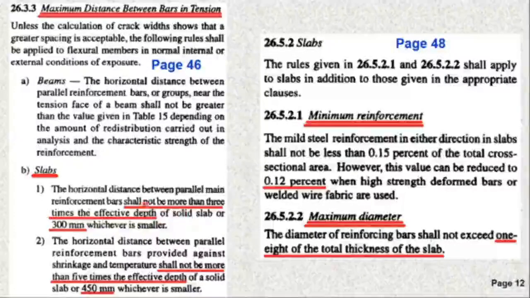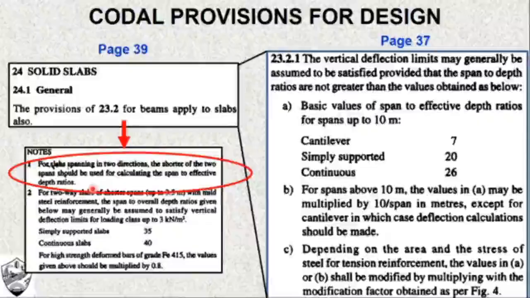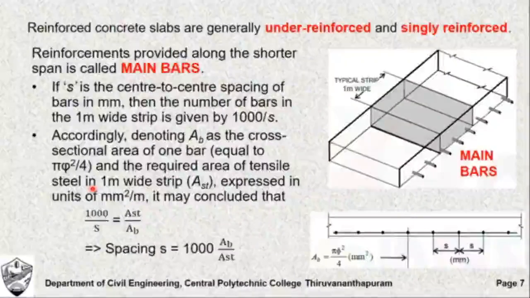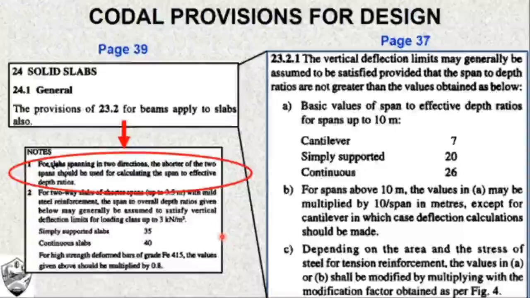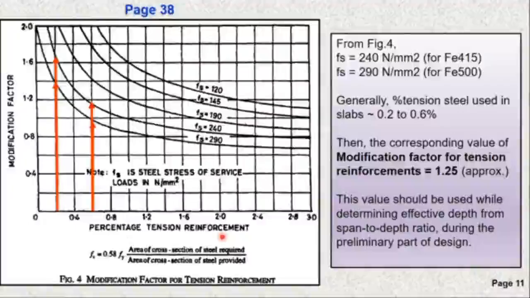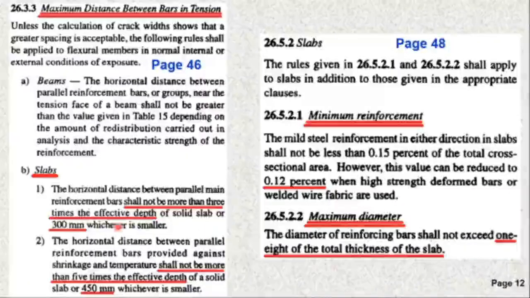The smaller of the two, 3D or 300 mm, you have to determine. And the spacing which we have already obtained here as S is equal to 1000 into Ab by Ast, this value should conform to this specification. That is, it should be less than 3D or 300 mm.